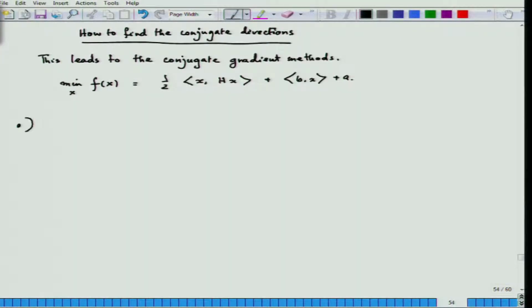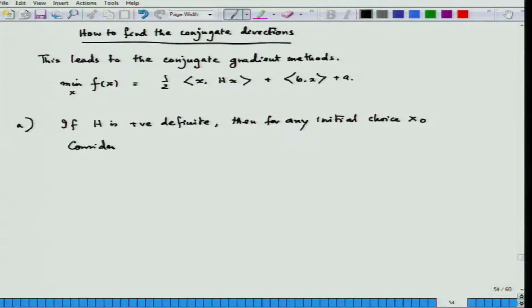There are two results which I want to write down. If H is positive definite, then for any initial choice x_0, consider my initial direction d_0 as minus g_0.